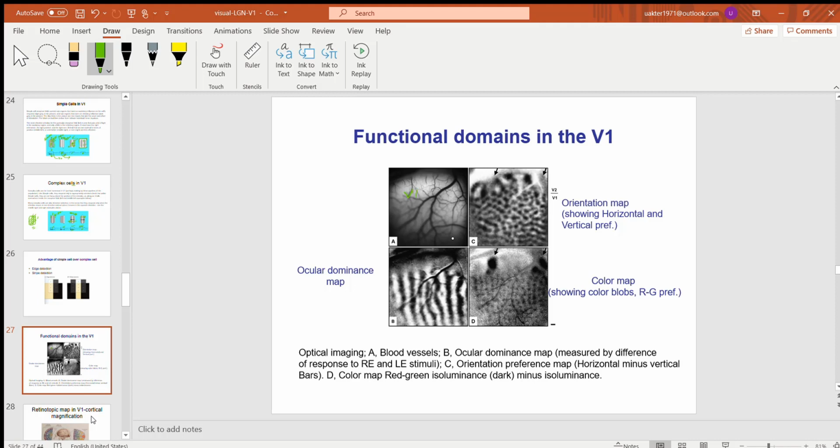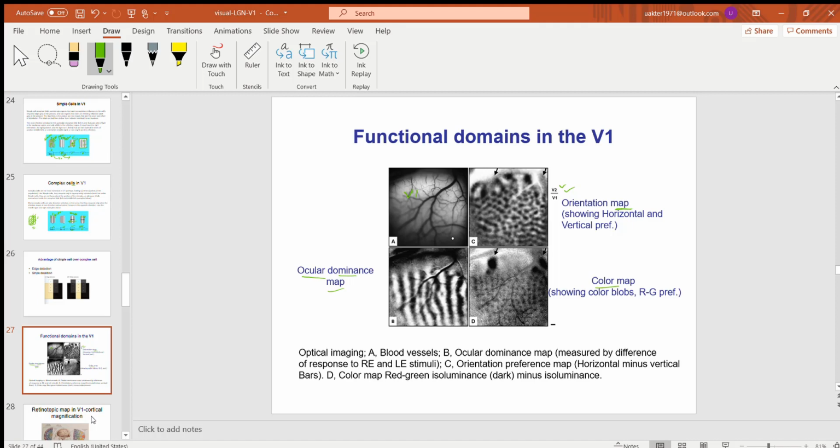What you see from this picture is that they showed all three preferences or properties of V1. V1 has hypercolumns and, as I mentioned, ocular dominance, orientation map, and color blobs, color sensitivity, right? So those are processed in V1.